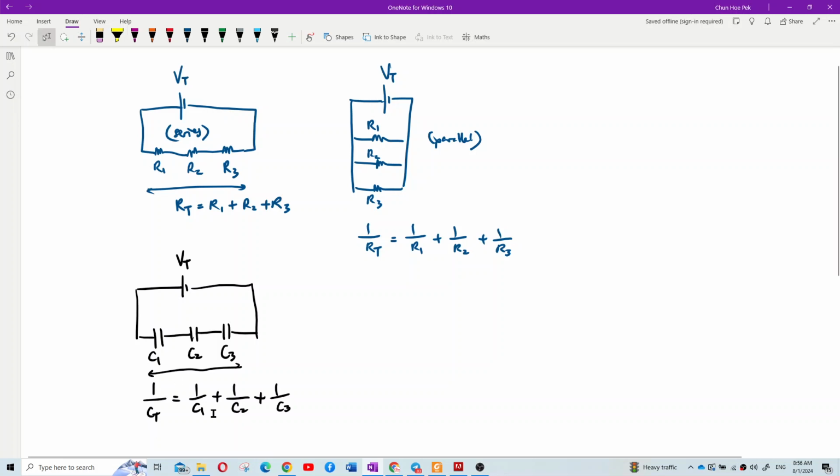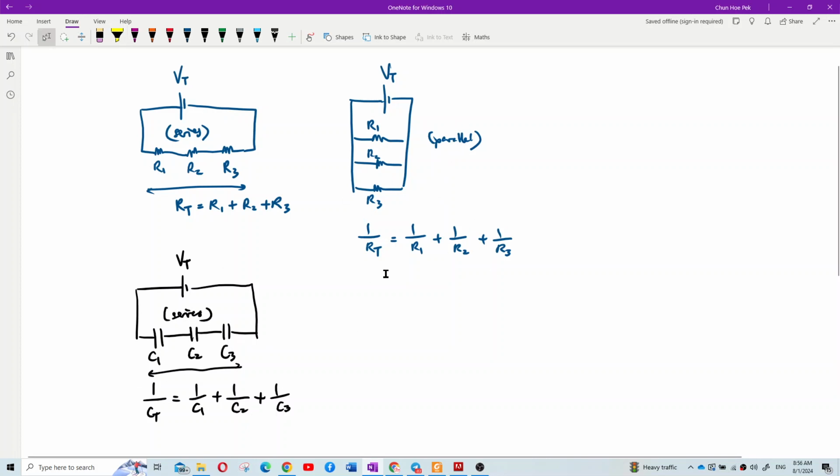So I just leave it with this one. At least you can see the pattern. 1 over C for resistor is for parallel, correct or not? Capacitor in series follows the formula for parallel resistor.